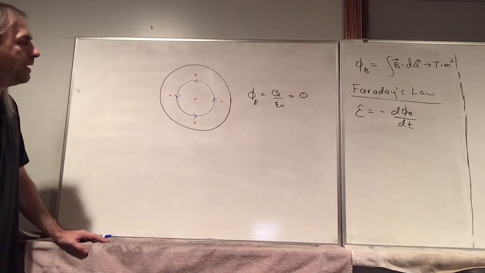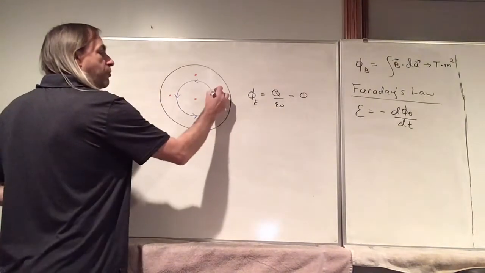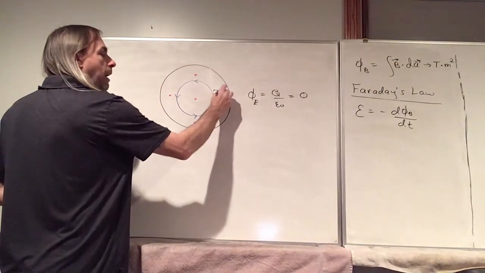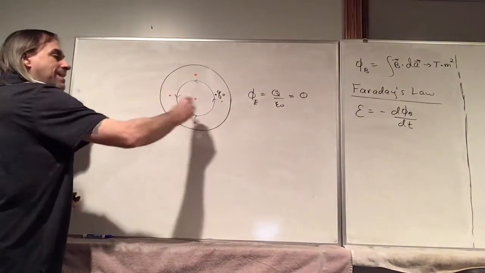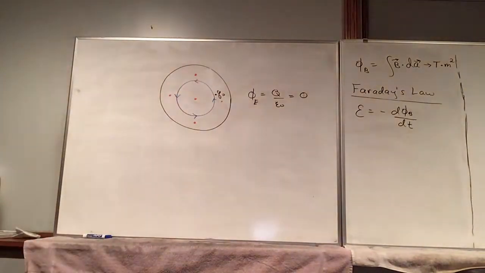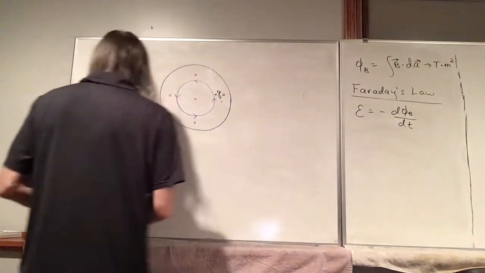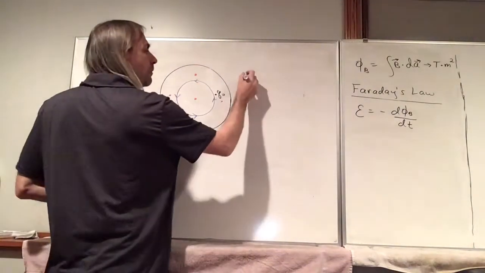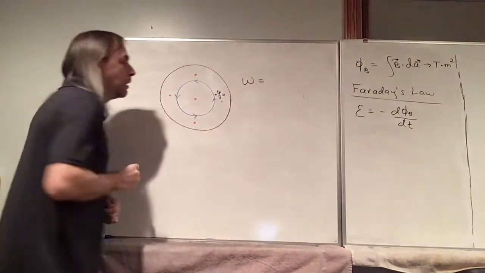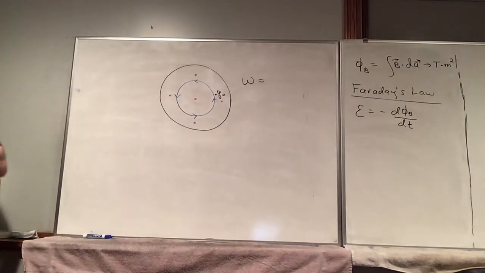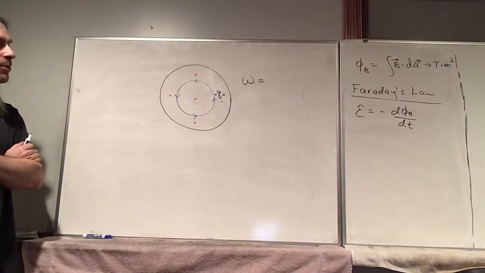So let's look at the EMF. Let's say we place a test charge here, and we move it around this loop here. Now, the work done by the electric field, so let's say it's a positive test charge, and we're moving it around a circle.